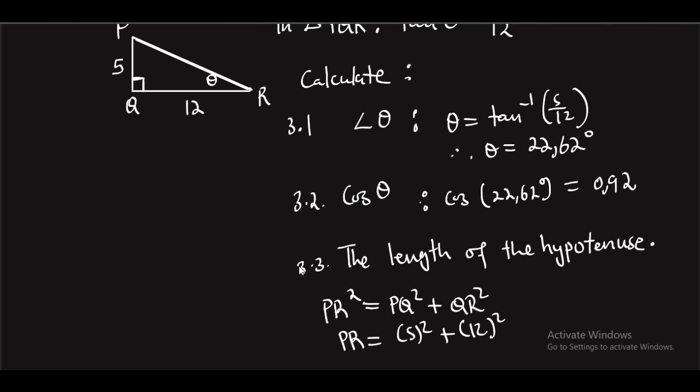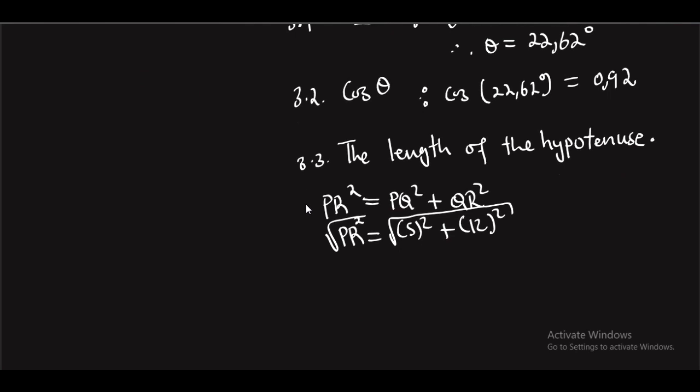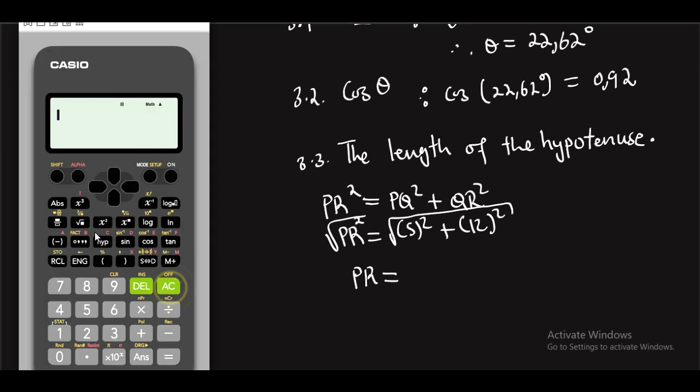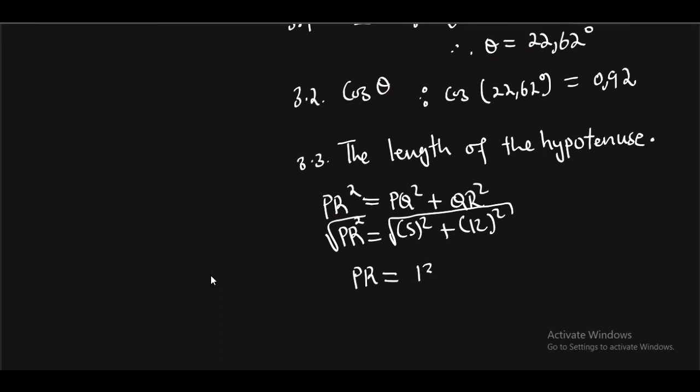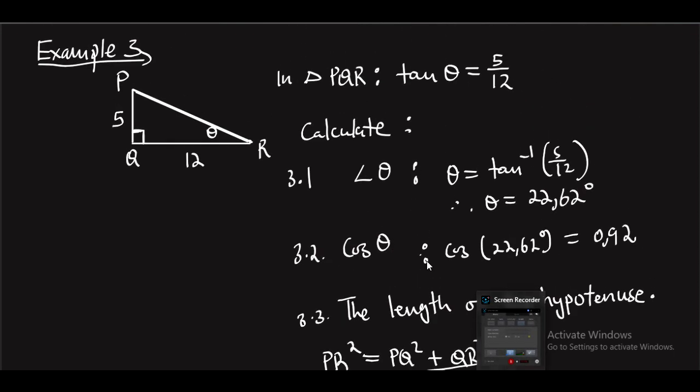If I want to remove this square, I must introduce a square root on both sides. So I will have PR is equal to the square root of 5 squared plus 12 squared, which is 13. So we can see that PR is equal to 13.